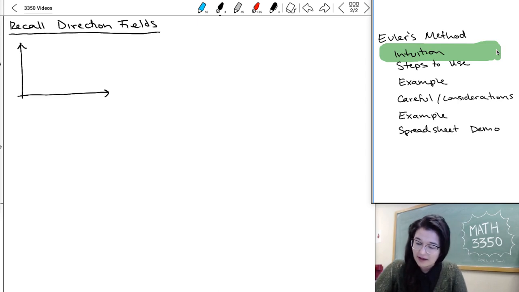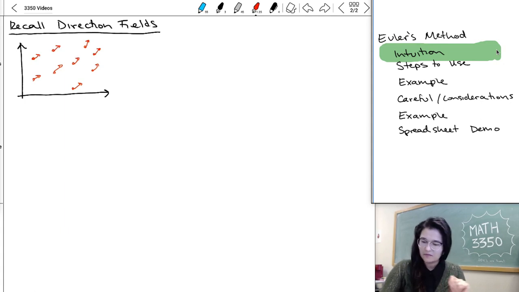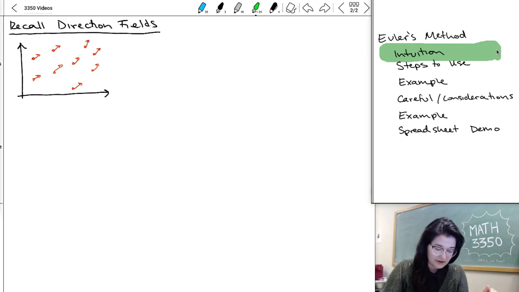So suppose we've got this direction field. Just accept that that's what the direction field looks like. At some point we sat down, we drew a bunch of arrows, and we got that direction field.